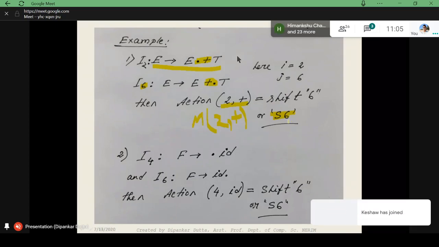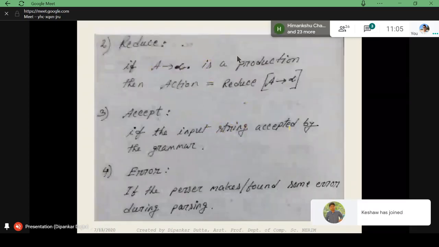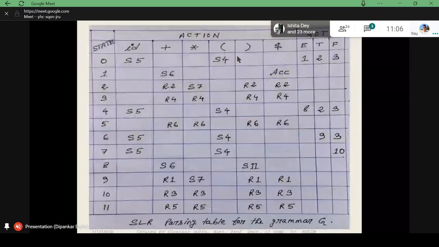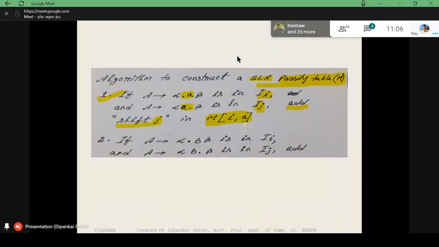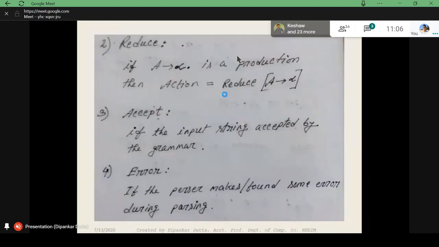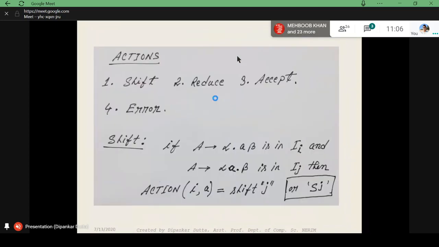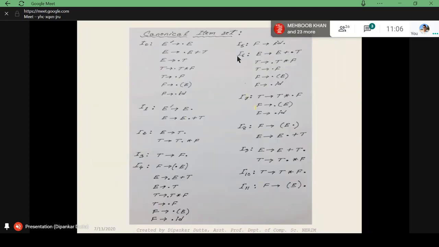Okay? So now look into the table. 2 plus. Okay, actually this example is not related to our this canonical item set. We can look at another example here.